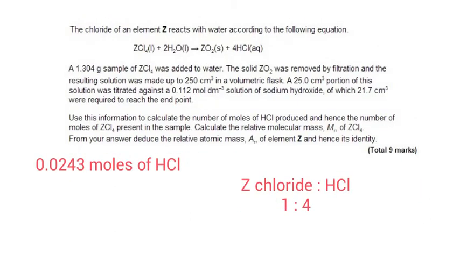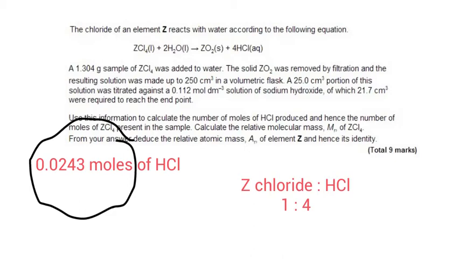This actually means that in our 250 centimetre cubed volumetric flask, we would have 0.0243 moles of hydrochloric acid.